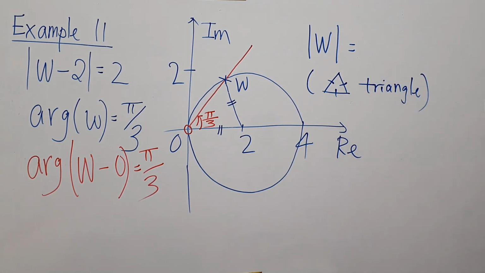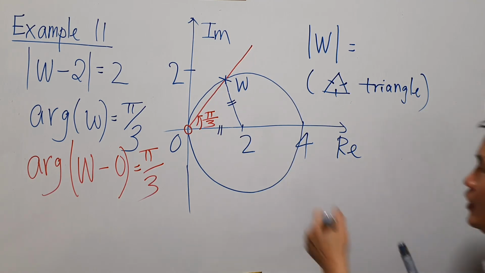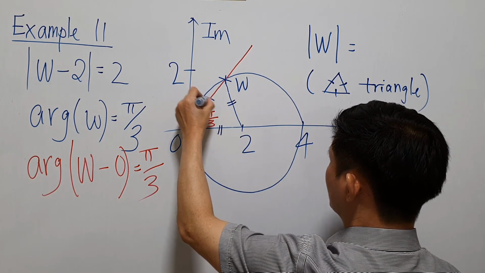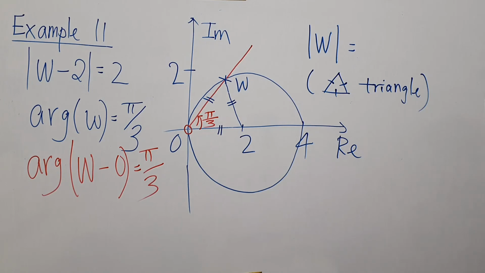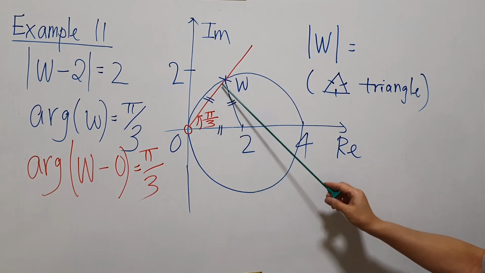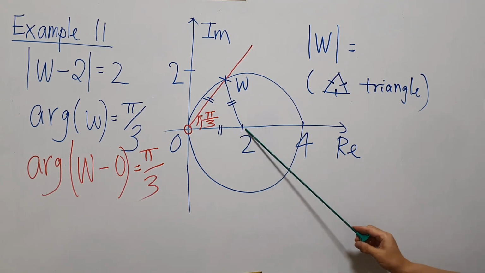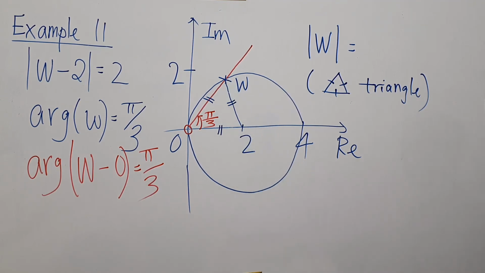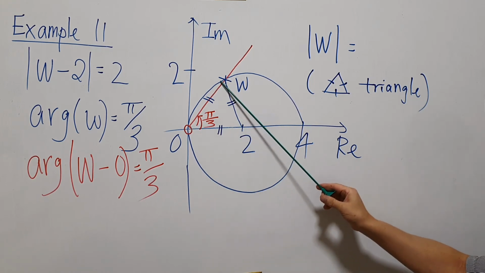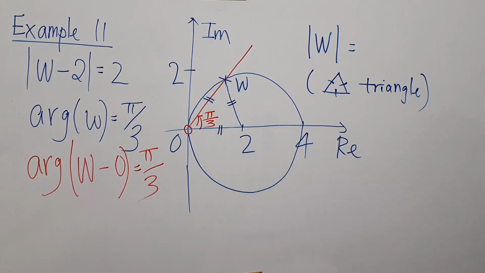Because this triangle is an equilateral triangle, the 3 sides must be equal. Then it becomes necessary that this distance and this distance and this distance are all the same. Therefore, this distance is actually 2.